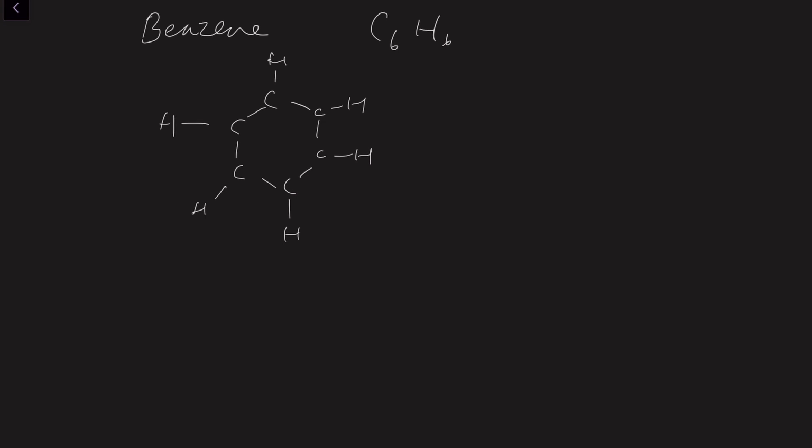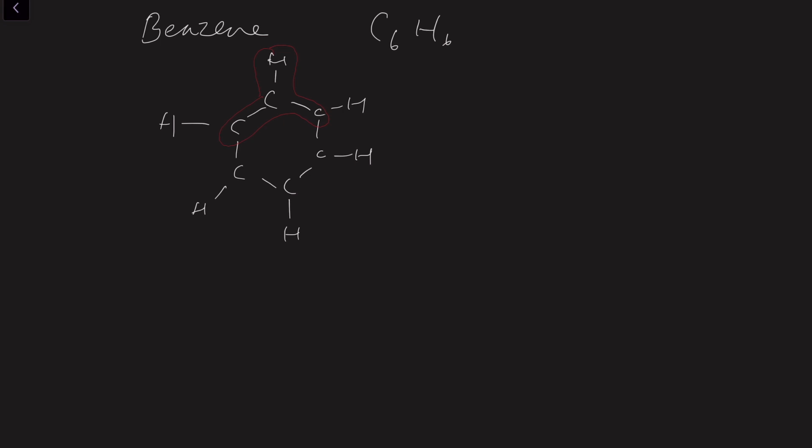And there are 6 hydrogen atoms and 6 carbon atoms. But if you look at this diagram, you see one problem. Each carbon is only connected to 3 different things. So for example, this carbon is connected to 2 other carbons and 1 hydrogen. So there should be 1 valence electron left.